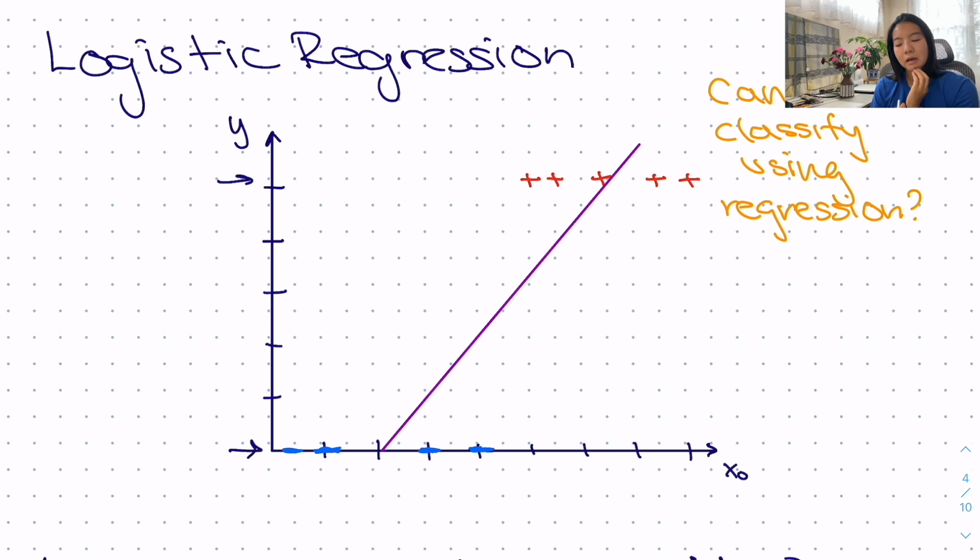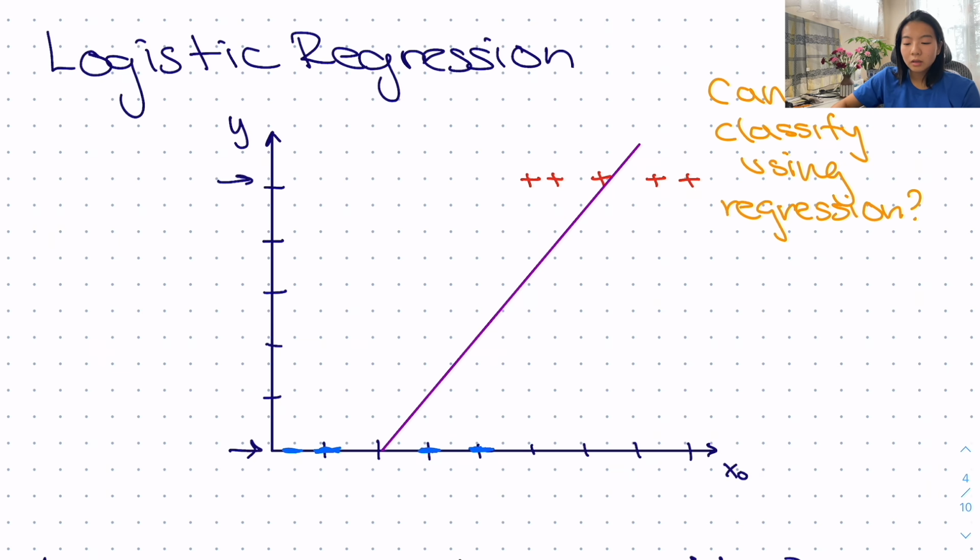For example, we might say everything from here downwards would be one class type and here upwards would be another class type. But when you look at this, you can visually tell that line doesn't make sense. Those dots are not along that line. And the reason is because we are doing classification, not regression.